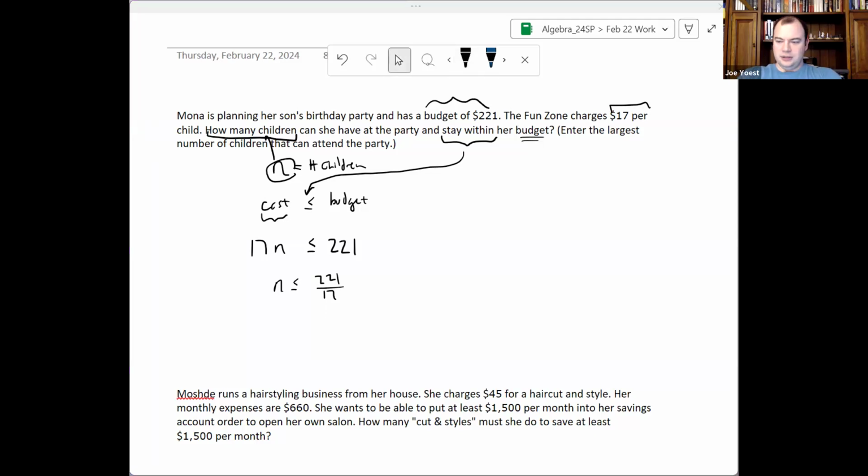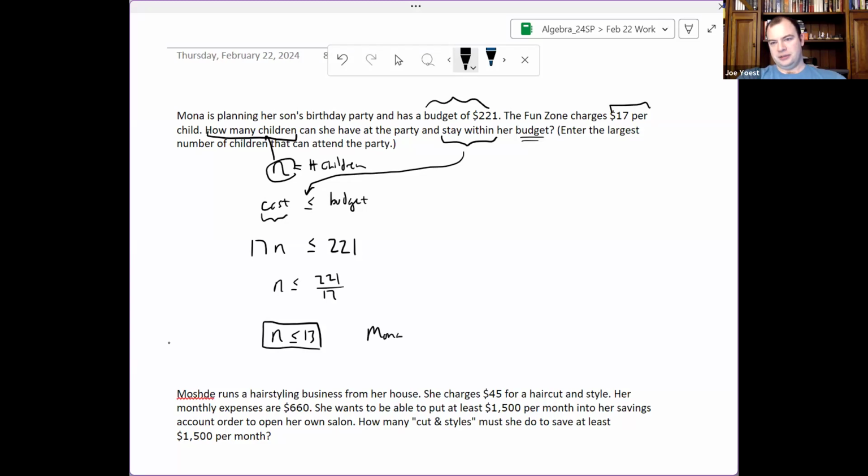And that gives us exactly 13. So not 13.1 or 13.7 or something, but she can invite up to and including 13 children.